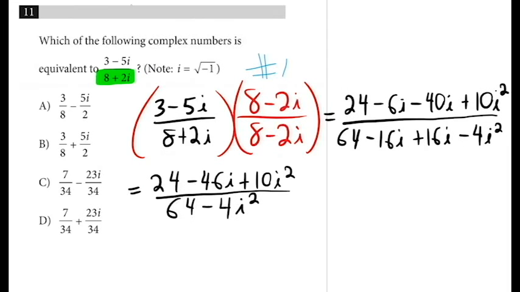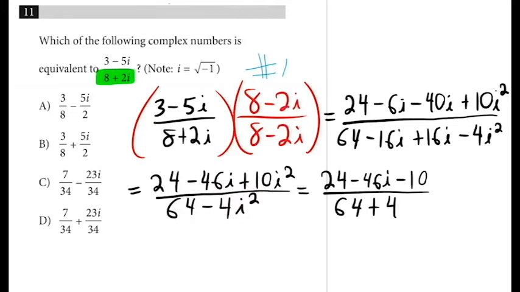So on the top, that's going to give us 10 times negative 1, which becomes negative 10. And on the bottom, negative 4 times negative 1 is positive 4. So now we have some like terms on the top: 24 minus 10 is 14, minus 46i. And on the bottom, we have 64 plus 4, which is 68.